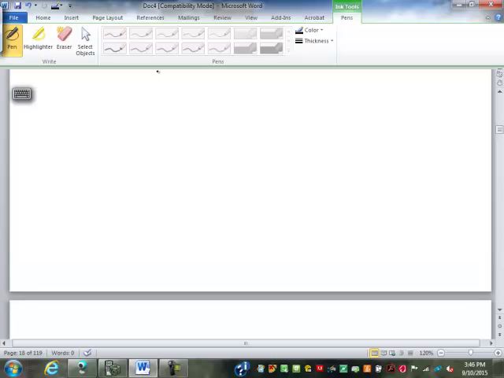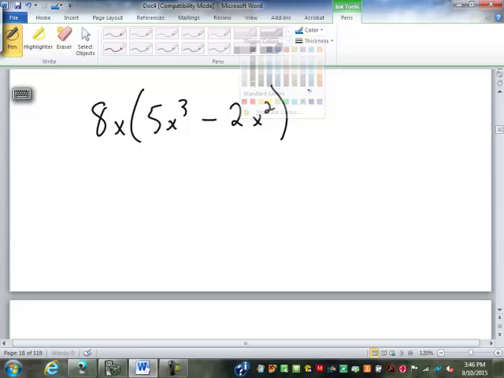We've also worked a little bit with things like this. Now this here, remember we said we could just do a long multiplication, but our shortcut was to distribute.